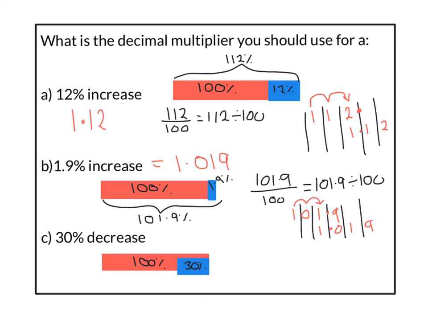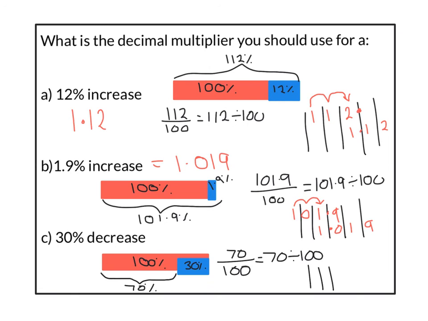So I need to figure out what's down here. So 100% take away 30% is actually 70%. So I've got 70% left. 70%, which is 70 divided by 100.